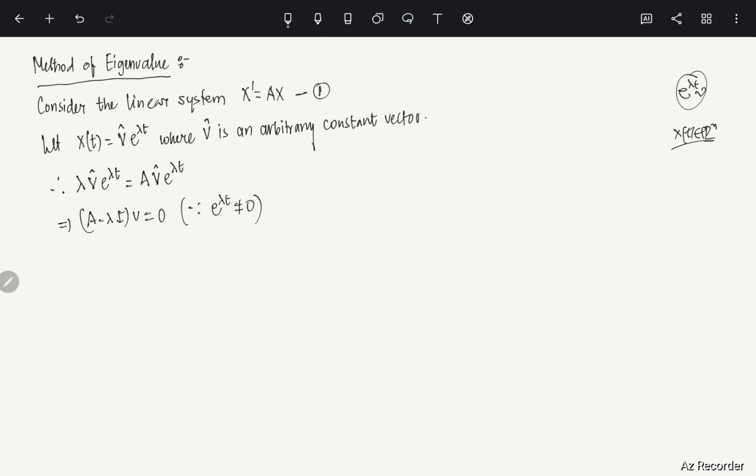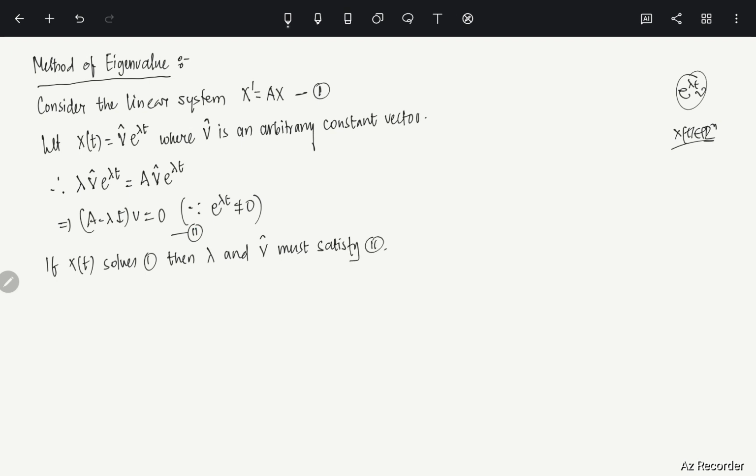So what happened was this. If x of t solves 1, then lambda and v must satisfy, let's call it 2, satisfy 2.